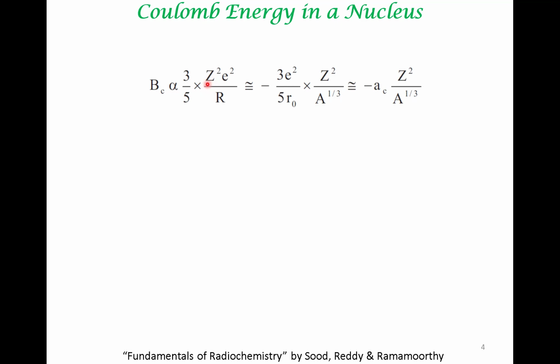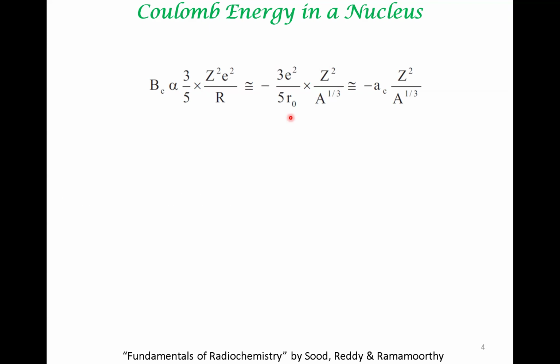And if these Z protons are uniformly distributed in a sphere, the electrostatic energy can be shown to be of this form. Using the formula for radius, which was mentioned in the previous slide and previous lectures, substituting that, you get to this form.